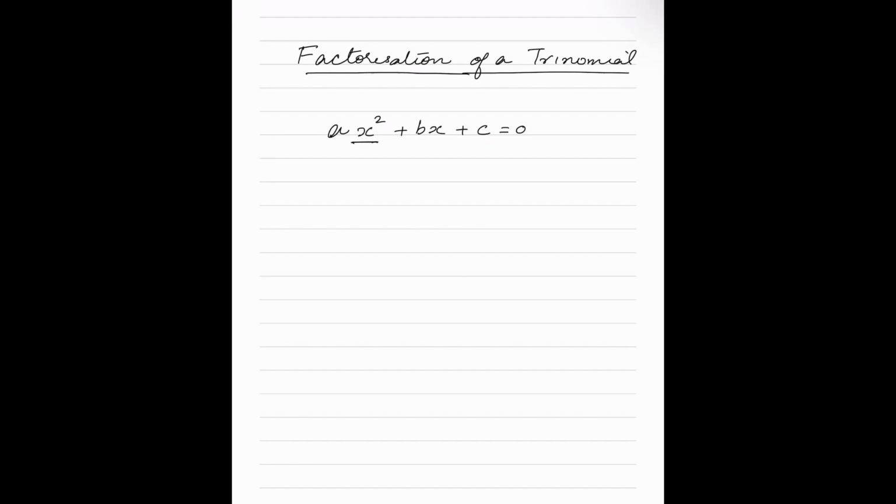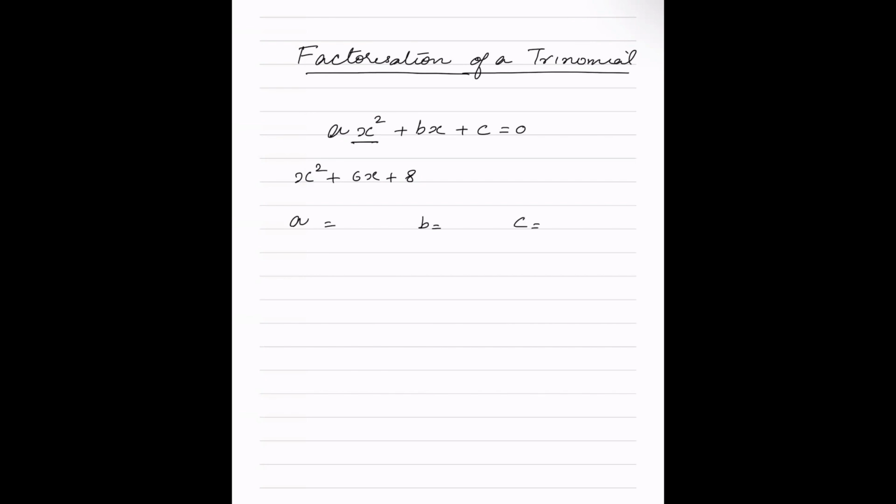Now let me just explain factorization of a trinomial with the help of an example. Let's take x square plus 6x plus 8. Here, first you need to identify what is a, what is b, and what is c.